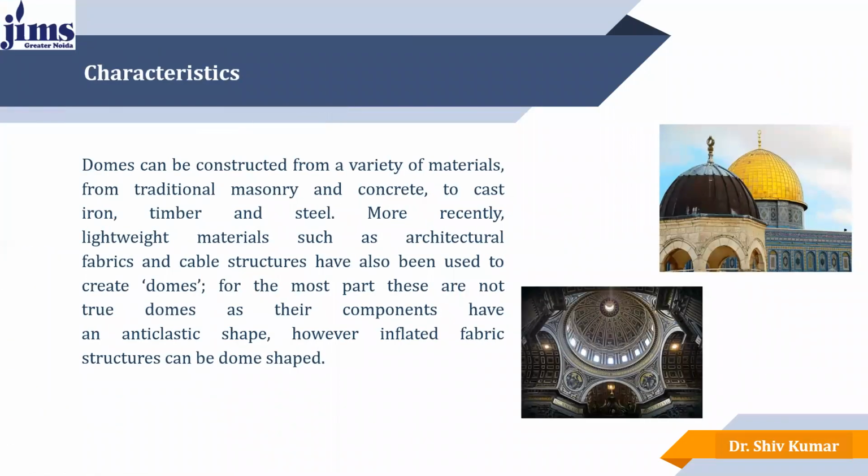Now come to the characteristics of the dome. Domes can be constructed from a variety of materials, from traditional masonry and concrete to cast iron, timber, and steel. More recently, lightweight materials such as architectural fabrics and cable structures have also been used to create domes.